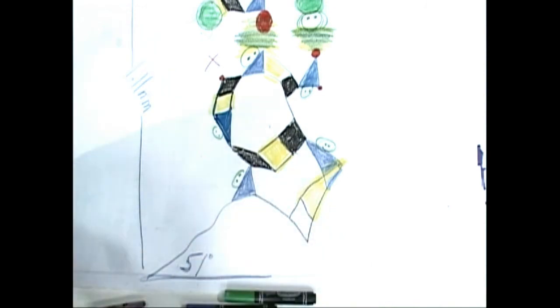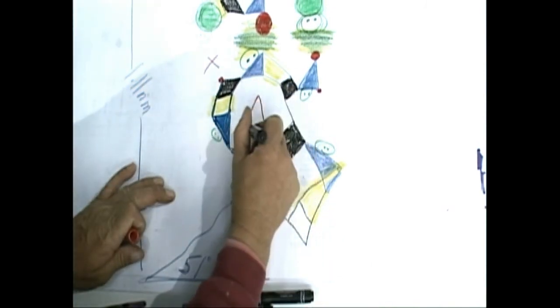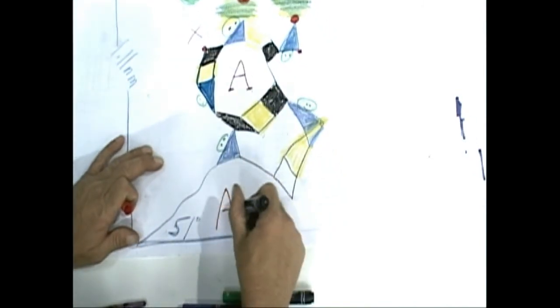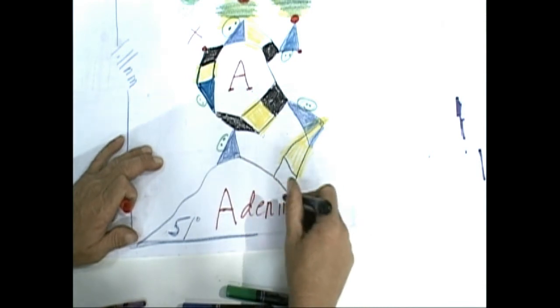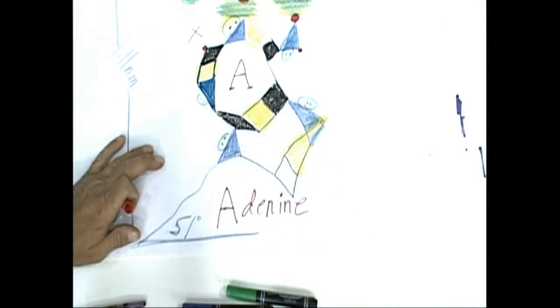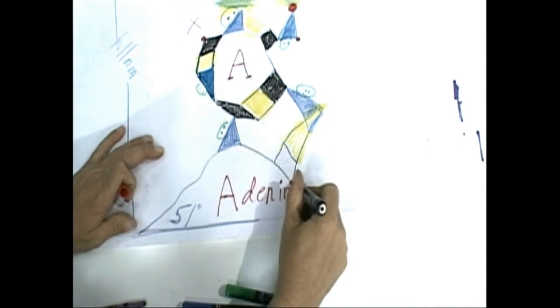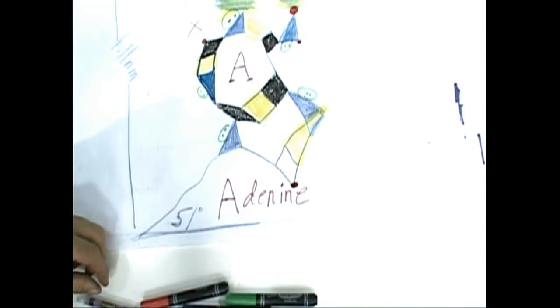This is adenine. Sweet adenine. What do we got here? We got an H. It's brown, right?